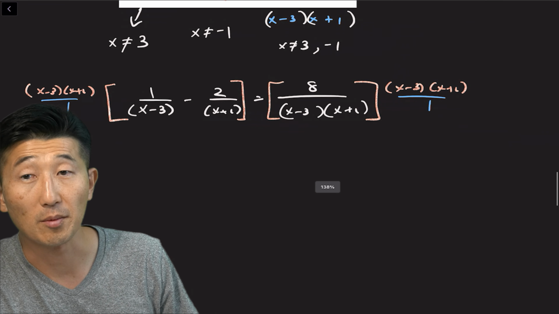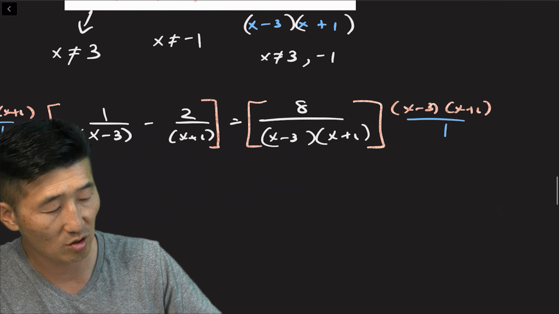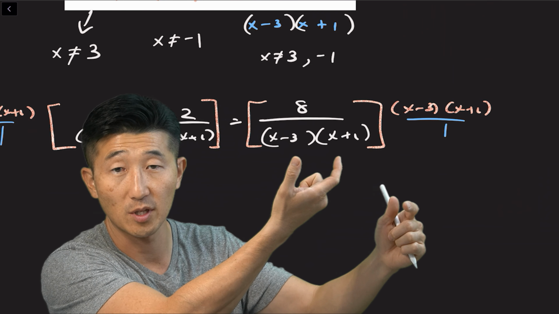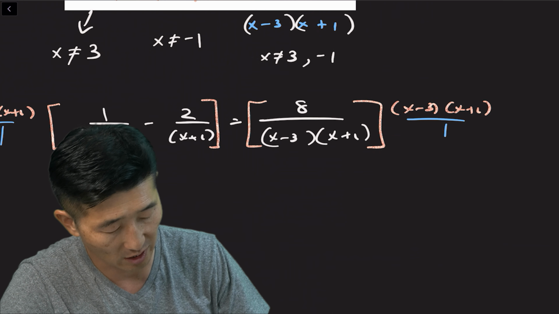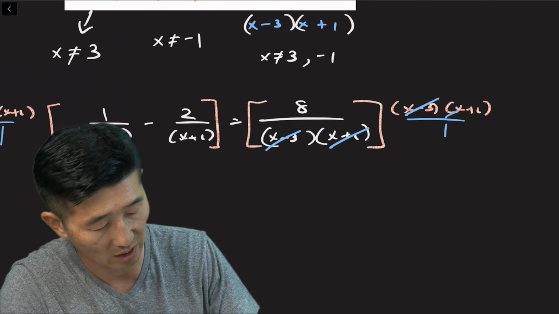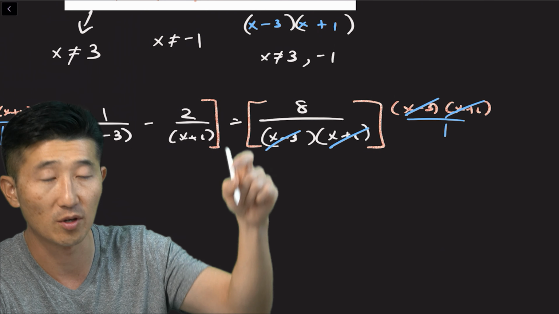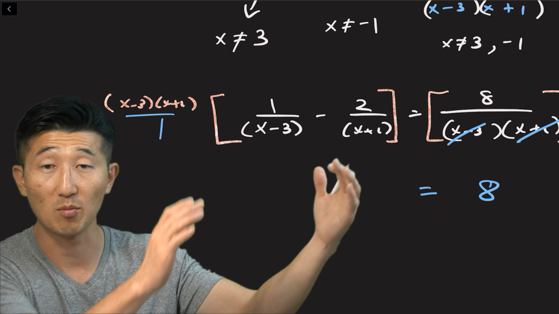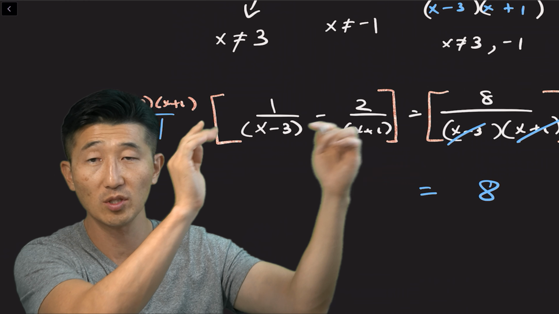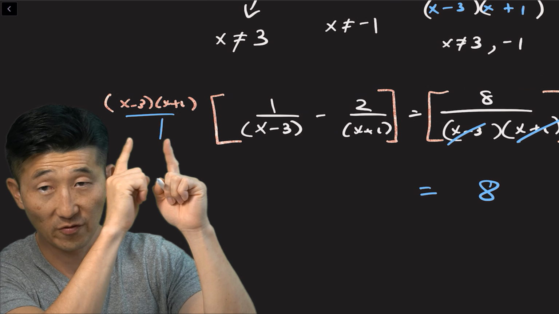Okay, so I'm going to start with the right. It's just easier. So notice that the denominators are exactly the same as the numerator on the right side. So all of these would simply cancel out, and you're left with the number 8. All right. Now here, again, you have a bracket or a set of numbers with a factor on the outside.